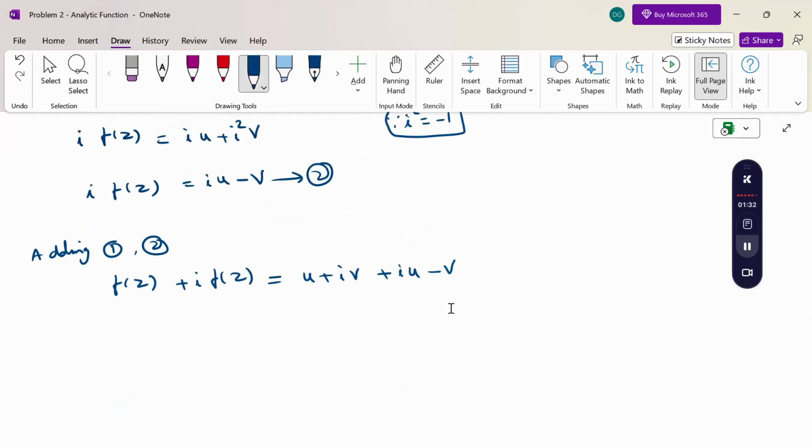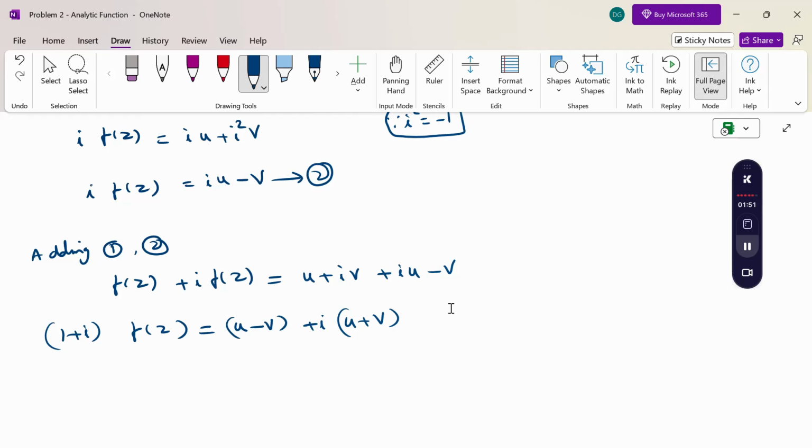Taking f of z common, therefore 1 plus i into f of z equals, rewriting in the form of real and imaginary, u minus v real plus i into u plus v.